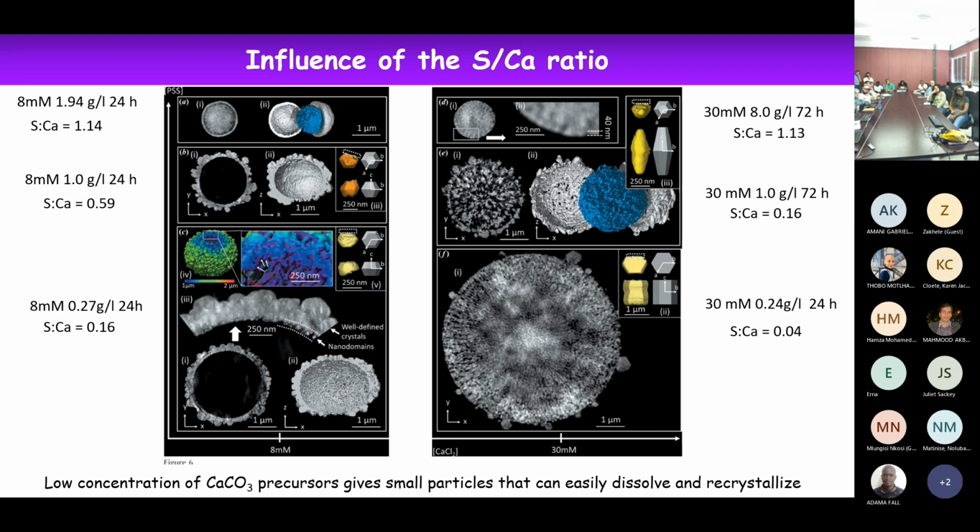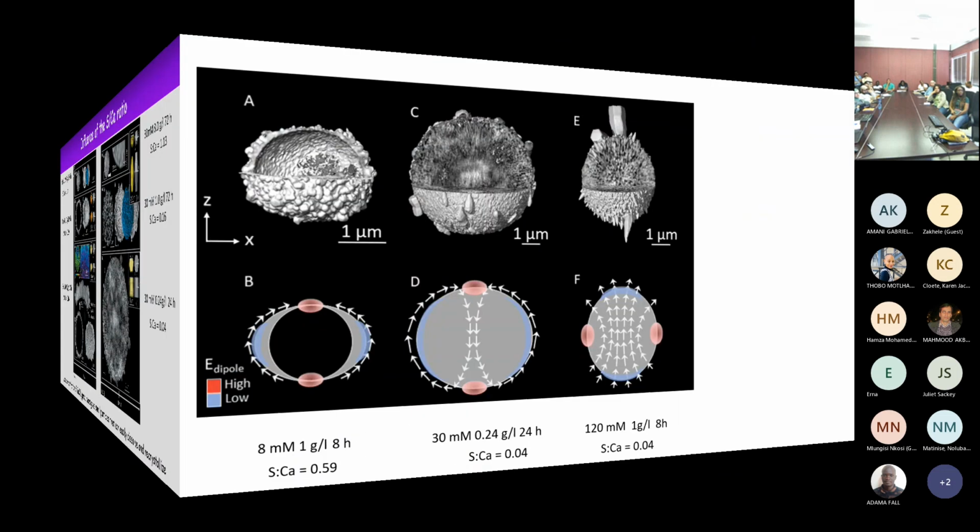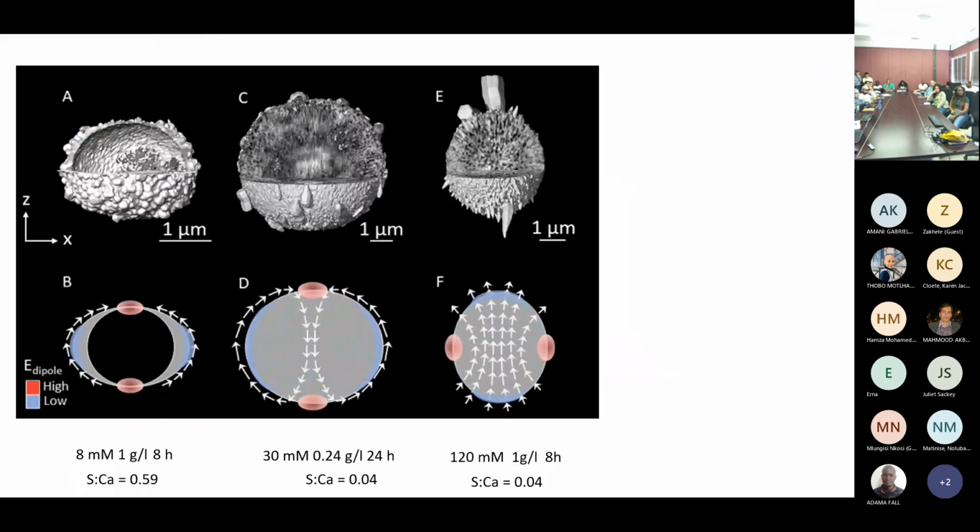You get something which is very porous. And that was also explained in terms of the ratio of sulfur to calcium. I don't want to go too much into the details, just to show you that this story that was quite simple at the beginning was not so simple. So if you modify the concentration of the solution, this is not necessarily true for all the particles.